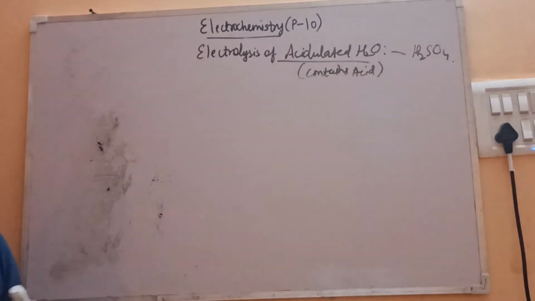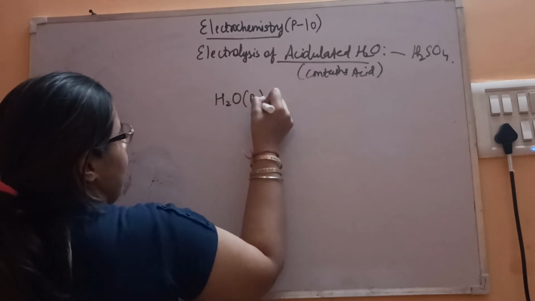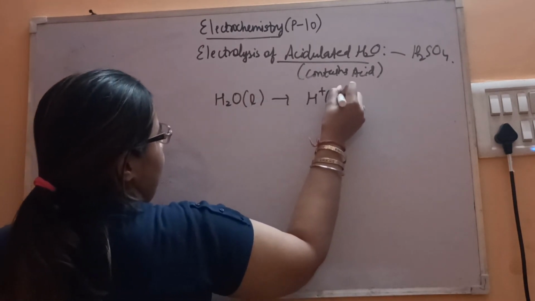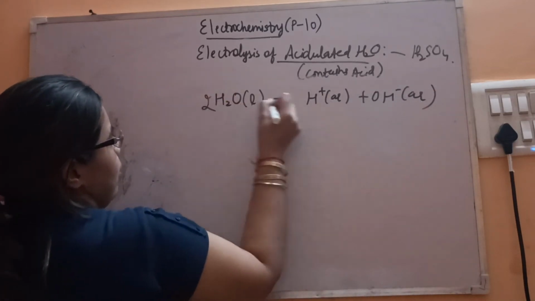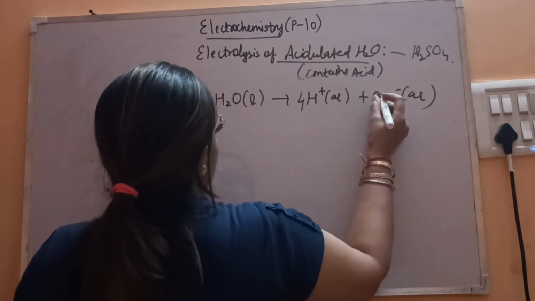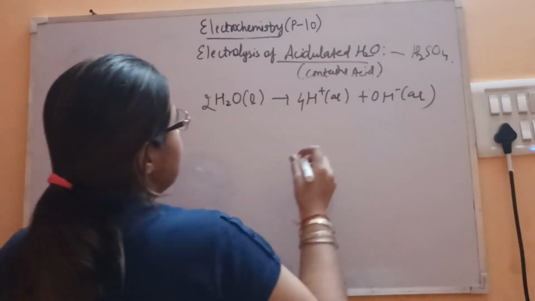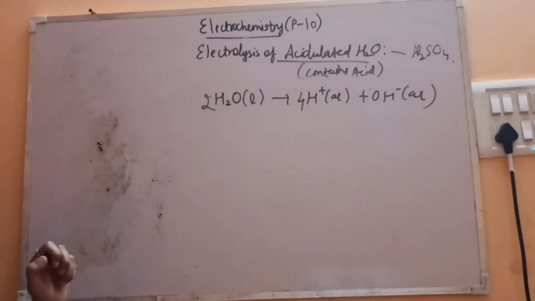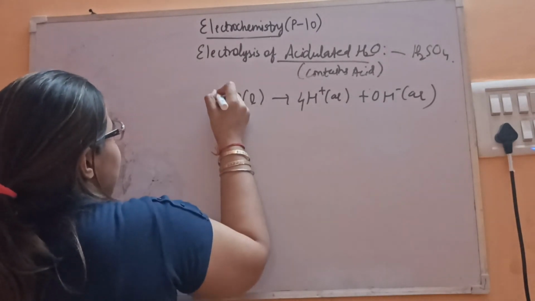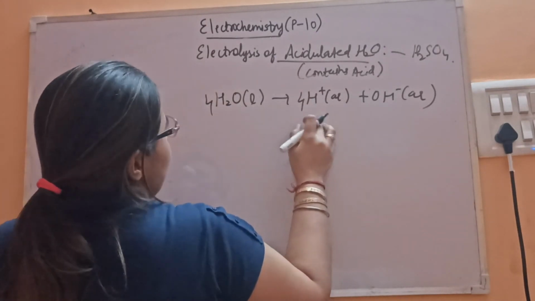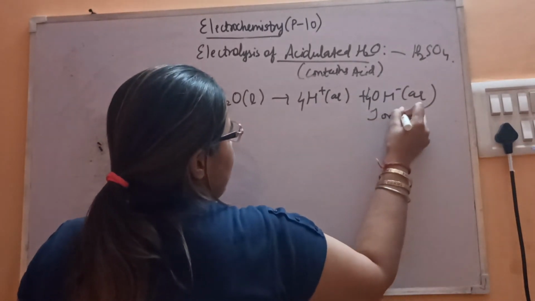So let's see the ionization of water. H positive, OH minus. We'll take 4 to balance the reaction. 4 here, 4H plus here, and 4OH minus. Fine. Now this is the ionization process.